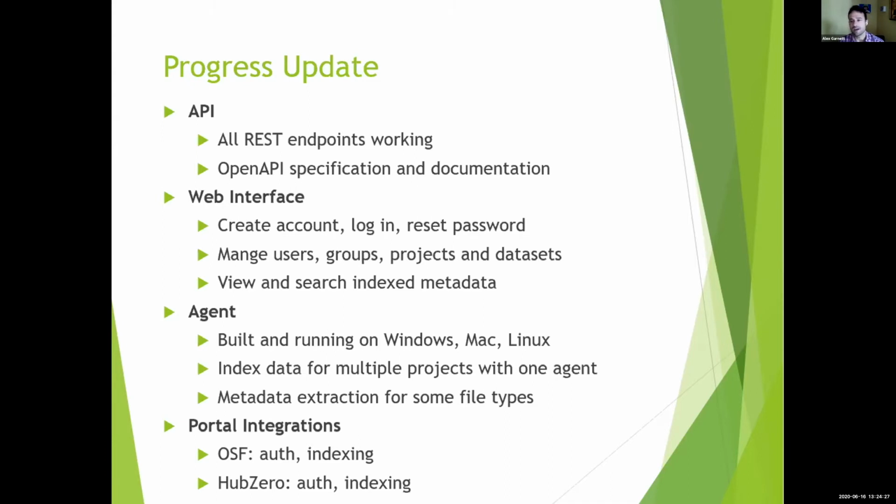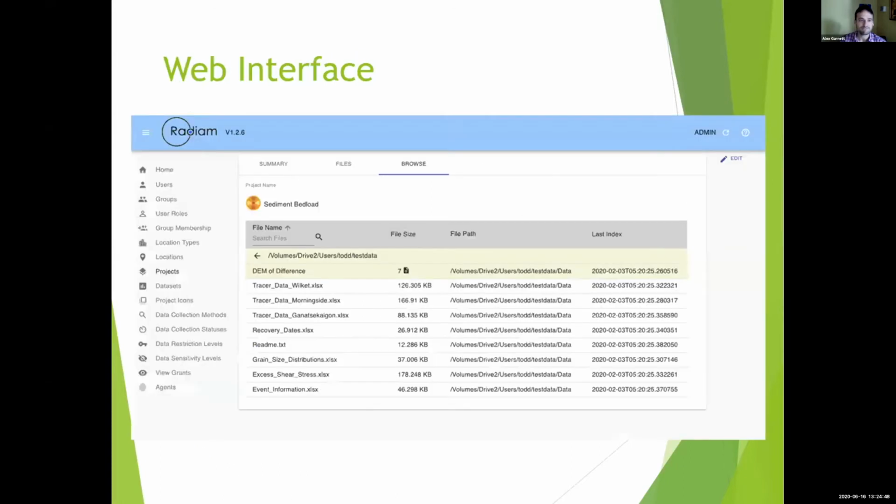That was most of what I worked on with my colleague Guangzhou. And we have portal integration. So if you're already using OSF or Hub0 to do this sort of aggregation work of tracking a number of different files from different sources, we can link into your OSF or your Hub0 account, and we can also mirror your file list to Radiam, and you can get some basic metadata properties that way as well.